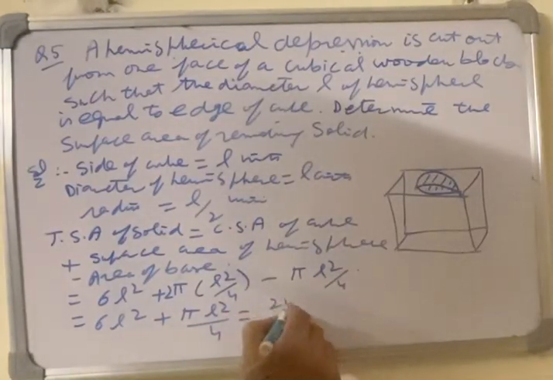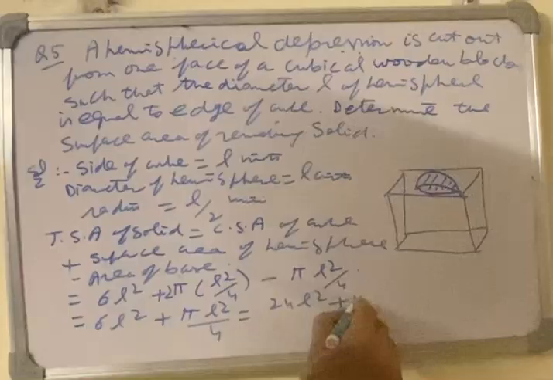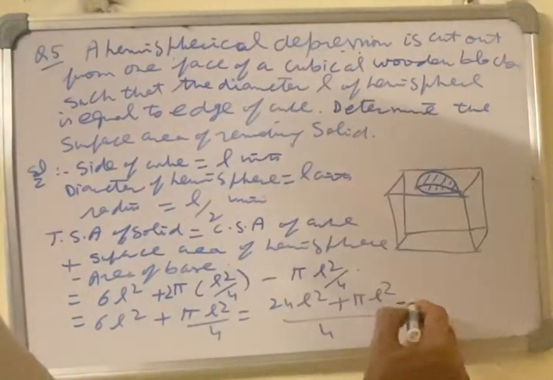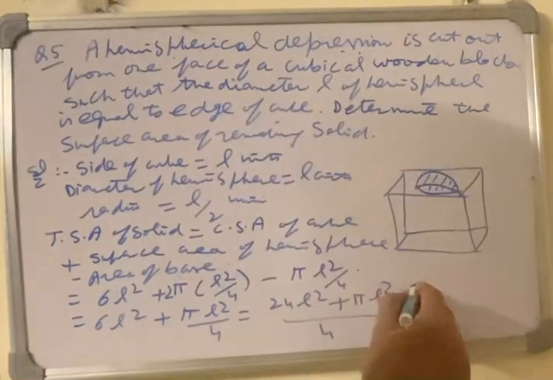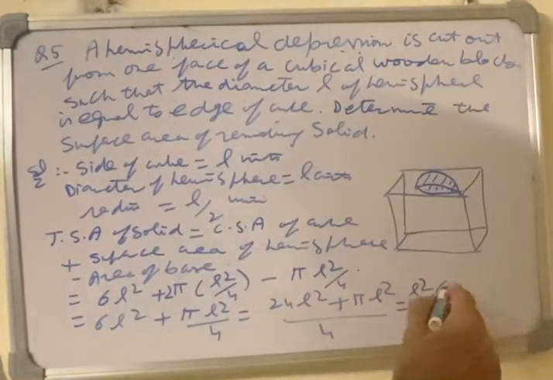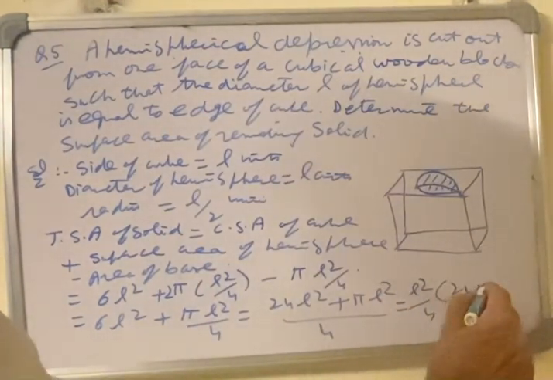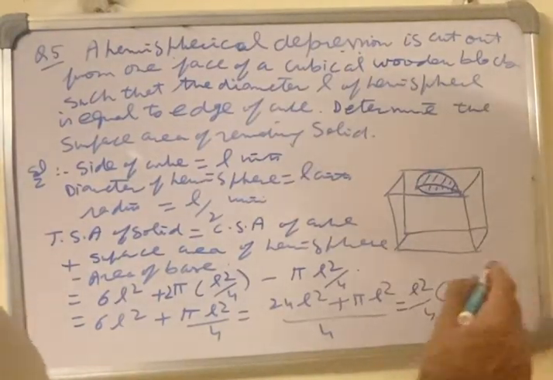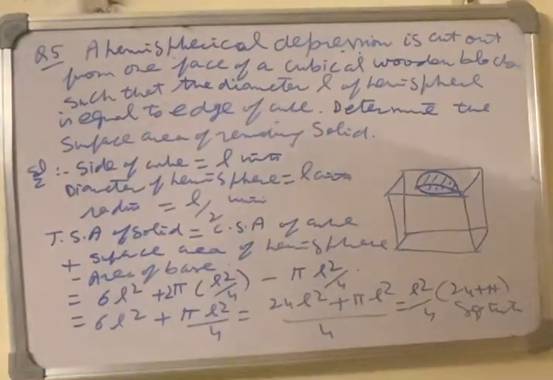This is 24L square plus pi L square by 4, which is L square by 4 into (24 plus pi) square units. So this is the area of the remaining solid.